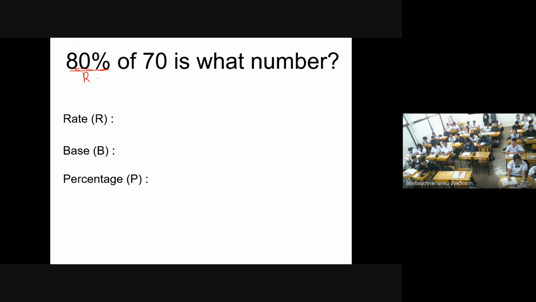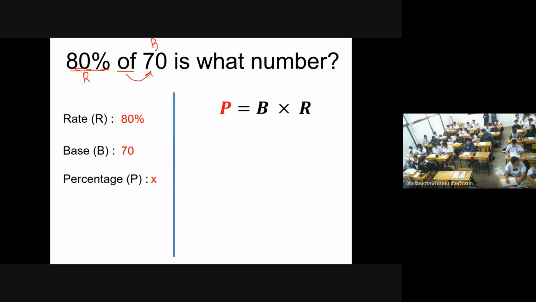After 'of', this is the base. We have R and B, but not P. Of course, if we're looking for percentage, that is base times the rate.